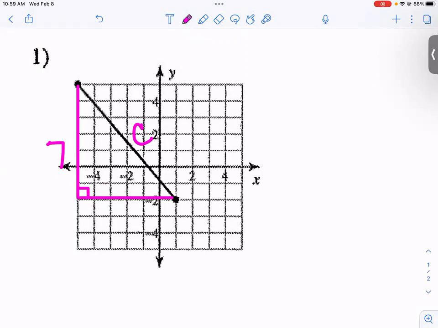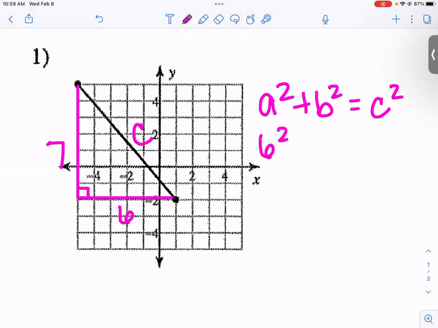All we have to do is count the squares. This is 6. Now I have a right triangle where we could use a squared plus b squared equals c squared. I'm going to make 6 my a and 7 my b. And we don't know c.